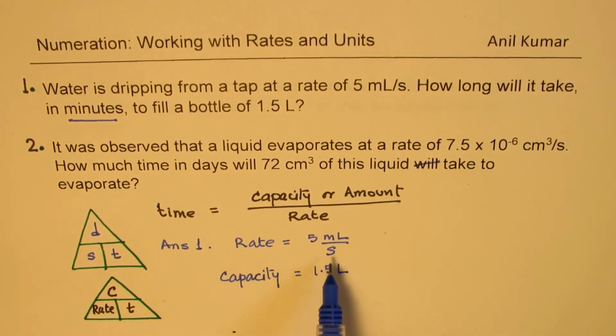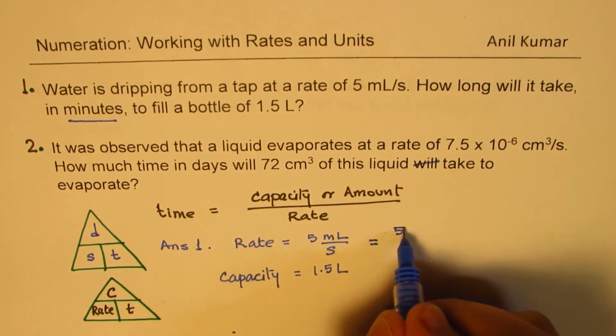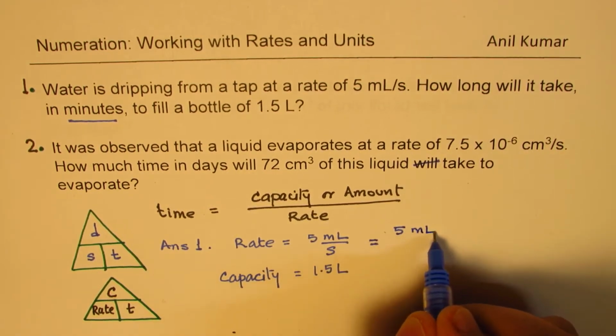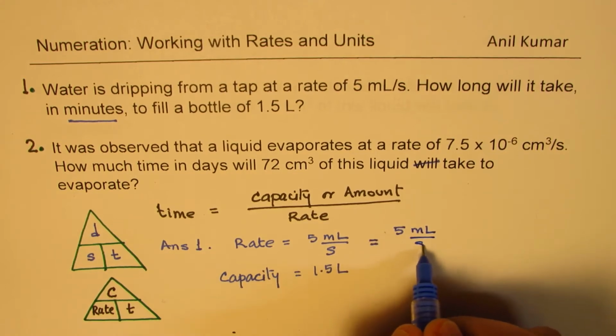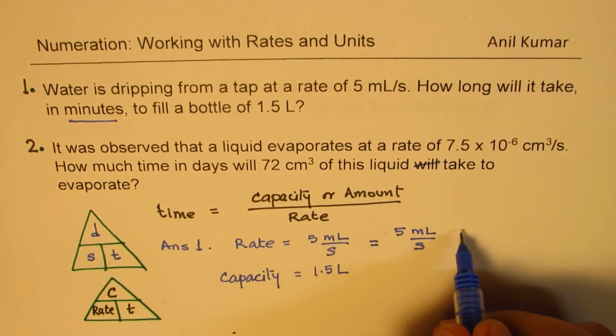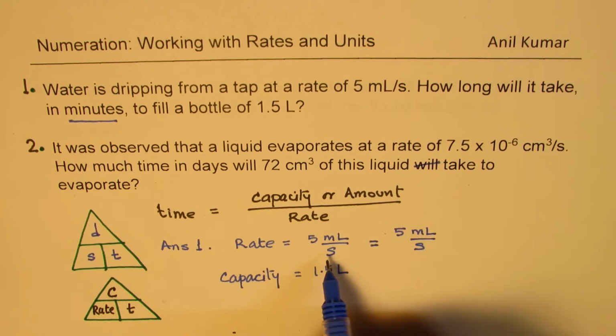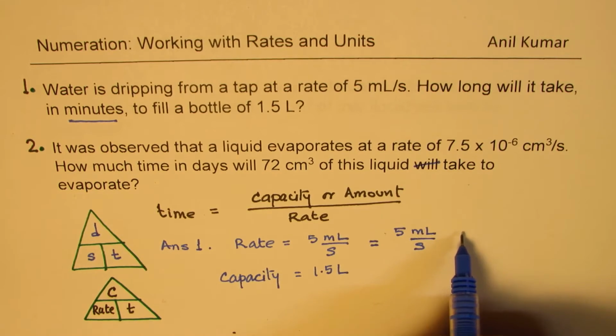Basically, we want time in minutes. So I could write this rate as 5 milliliters per second. If I want it in minutes, what will I do? In 1 minute, it would be much more. So we convert this using how many seconds we have in a minute.